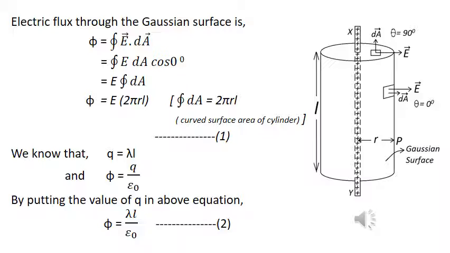Now, after integrating the closed integral over the whole Gaussian surface, we get the value of flux phi is equal to E into 2 pi rL.